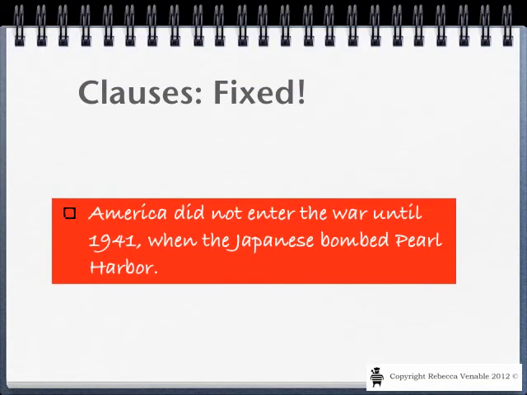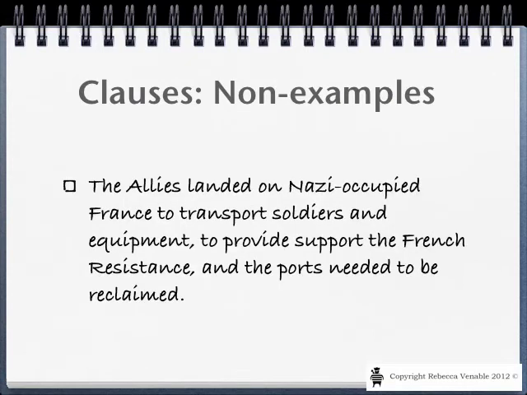So let's change it to America did not enter the war until 1941 when the Japanese bombed Pearl Harbor. Now I have had to change the structure of the sentence because making things passive voice adds lots of words. So again, the wordiness condenses when we change it into active voice.